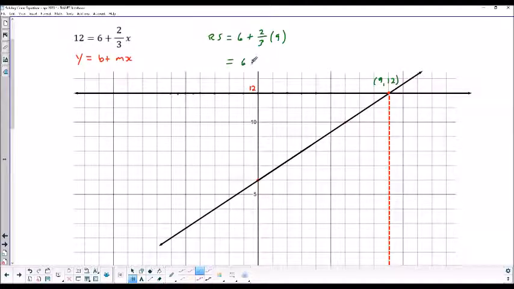So I can say 6 plus, and then we know that there's an imaginary 1 underneath the 9 here. If I multiply those fractions, I get 18 over 3, because you just multiply straight across. 18 divided by 3 is 6, and 6 plus 6 is 12. And we know the left side equals 12.